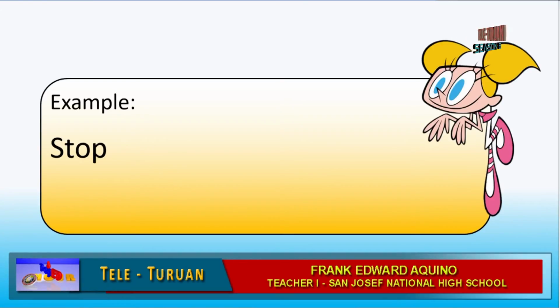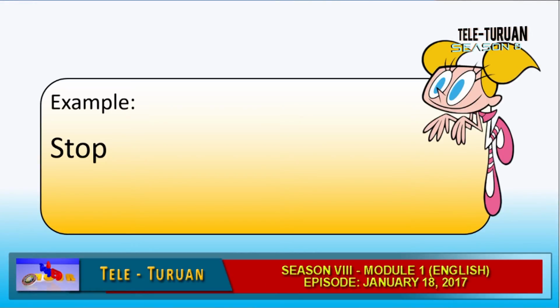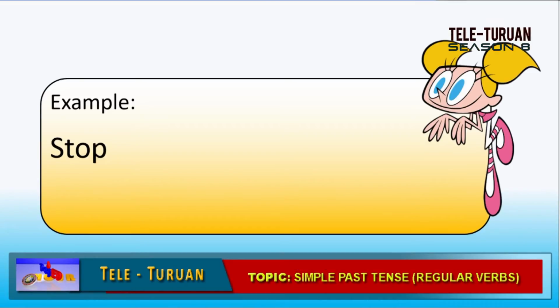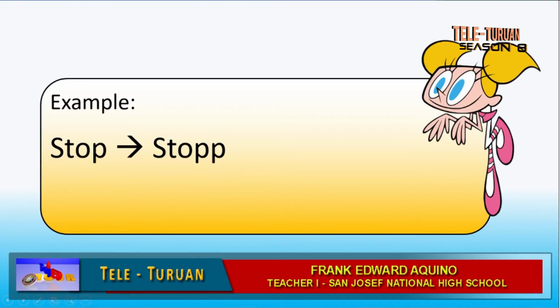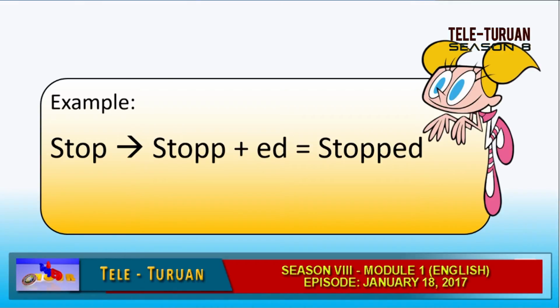It ends with consonant, which is T, a vowel, which is O, and another consonant, which is P. So all we need to do is to double the last consonant, which will be P. Then we need to add ed at the end so that we will have the word stopped.